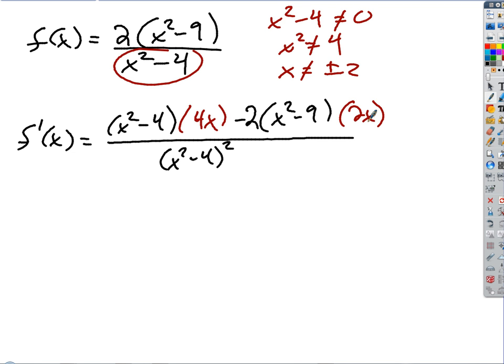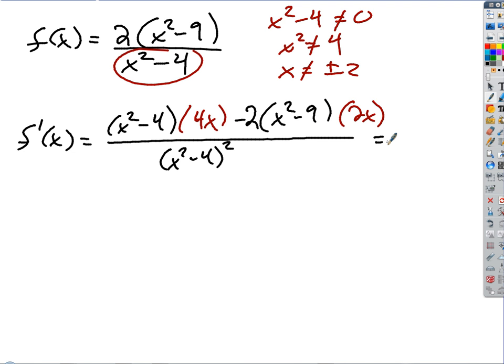When I distribute the 2x and the negative 2 to the x squared, the x cubes cancel. What about the x's? I'm going to get negative 16x, and then over here 2x times negative 2 is negative 4, positive 36. So 36x minus 16x is 20x.